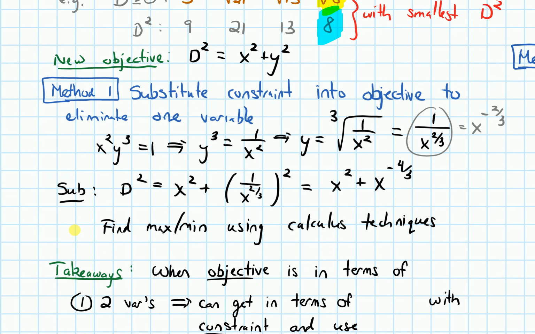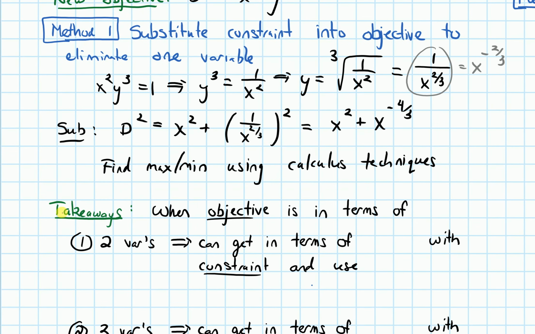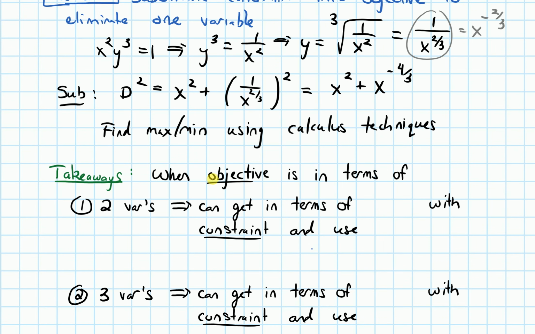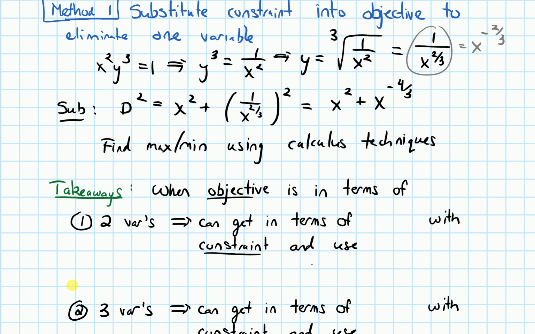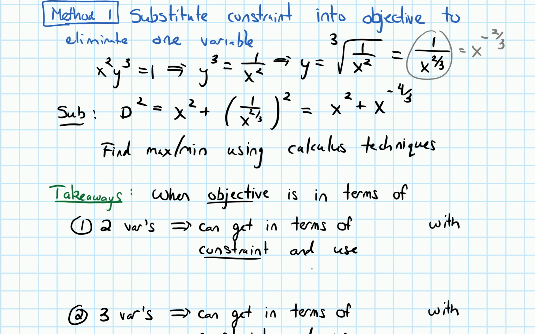I want to state the key takeaways from this method and why we might want a different way to do this. First off, when our objective is in terms of two variables, like ours was, we could get it in terms of one variable with the constraint. Just like we did here, we could use the constraint to substitute into the objective to eliminate one of the variables.